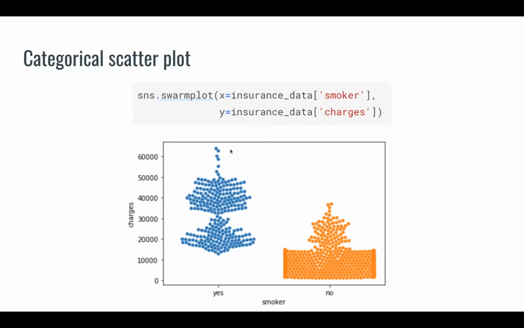We can adapt the design of the scatter plot to feature a categorical variable, which is a variable that has yes and no, like smoker, on one of the main axes. This plot type is called a categorical scatter plot, and you can build it with the sns.swarmplot command.